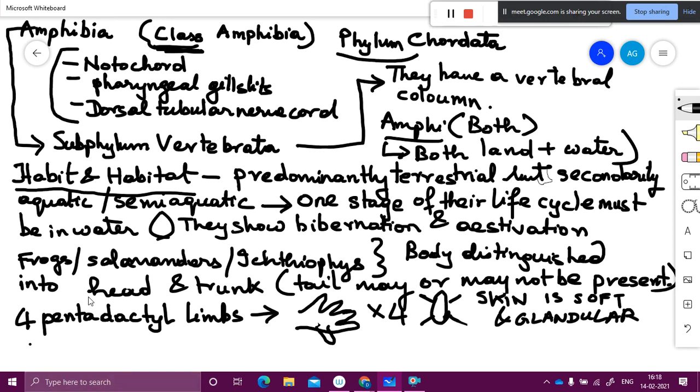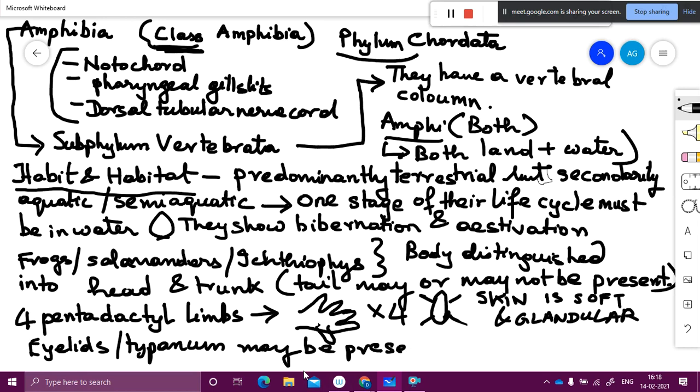Another fact is eyelids, tympanum, inside their ear-like structure, tympanum, may be present. Hearing structure. Let's go to the next board.